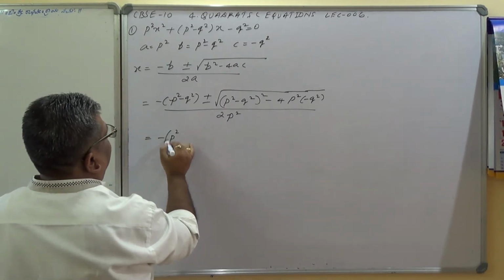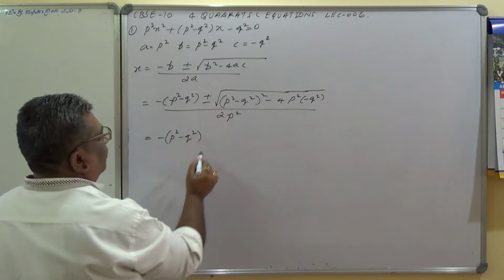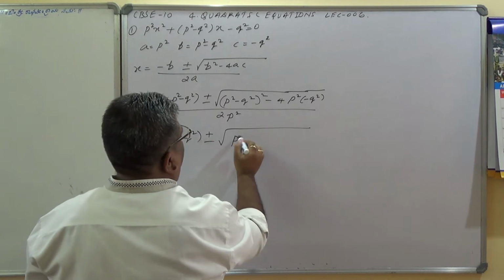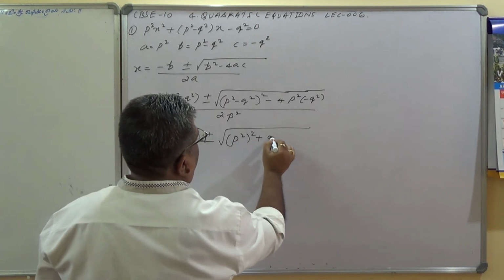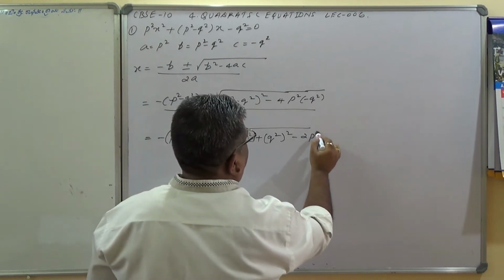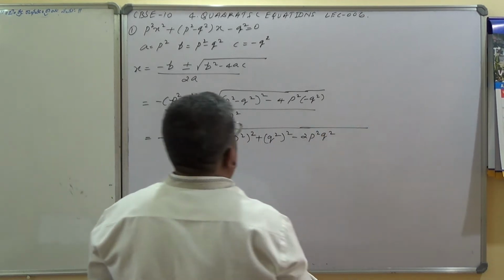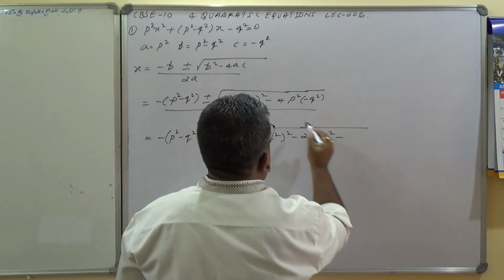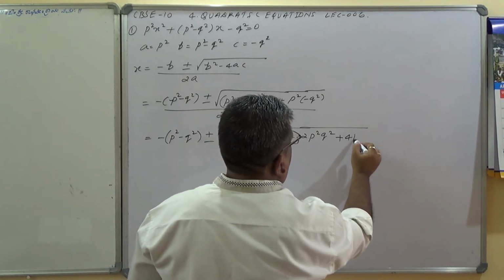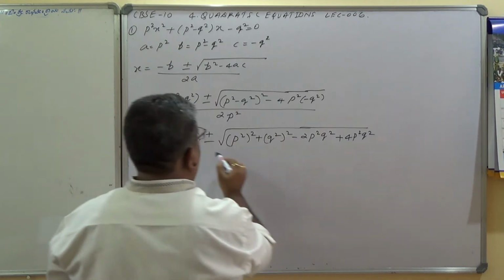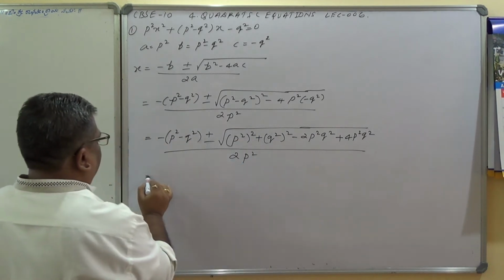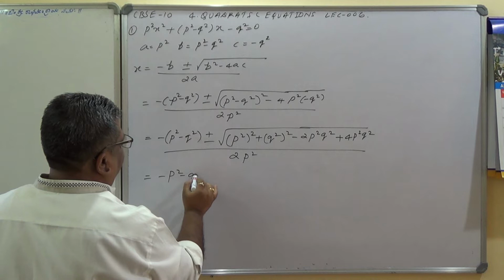Minus p square plus q square, plus or minus under root of p square the whole square plus q square the whole square minus 2 times p square q square plus 4p square q square, the whole divided by 2p square.